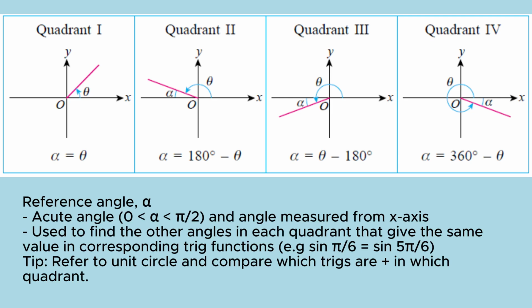That's how trigonometric functions work, and all you need to do is refer to the unit circle and, like I said, compare the trigonometric functions which are positive in which quadrant.